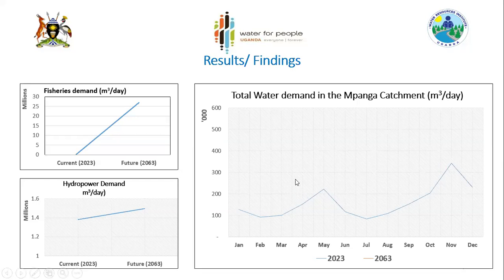And having projected this, we obtained a similar pattern for the future year 2063, which is also having 2 peaks in May and also November.